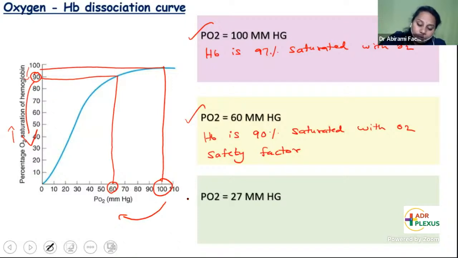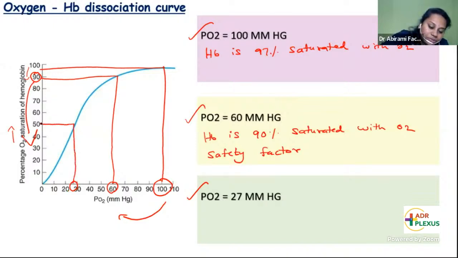Look at another value. At a partial pressure of oxygen of 27 millimeters of mercury, maybe around here, look at the y-axis. This corresponds to around 50% saturation. So what does this tell you?